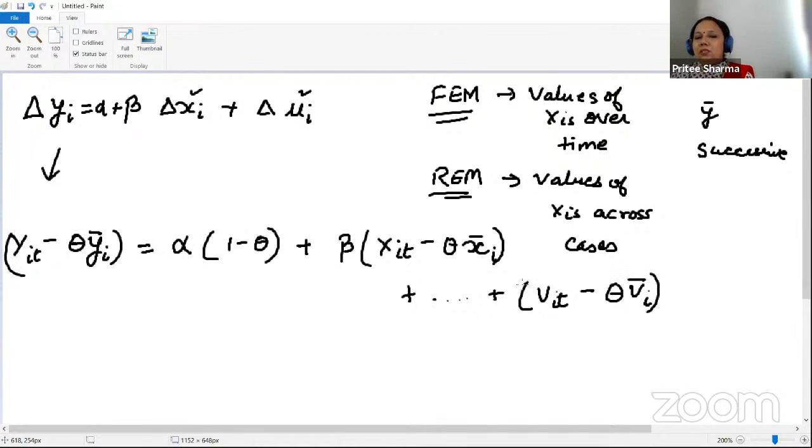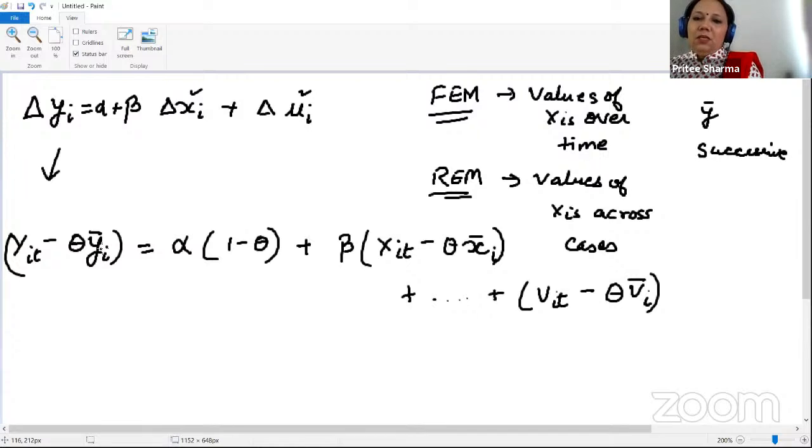So what we are doing here in the differencing, in our fixed effect models, in the first case, which was within group estimation, we did the time demeaning of this component.